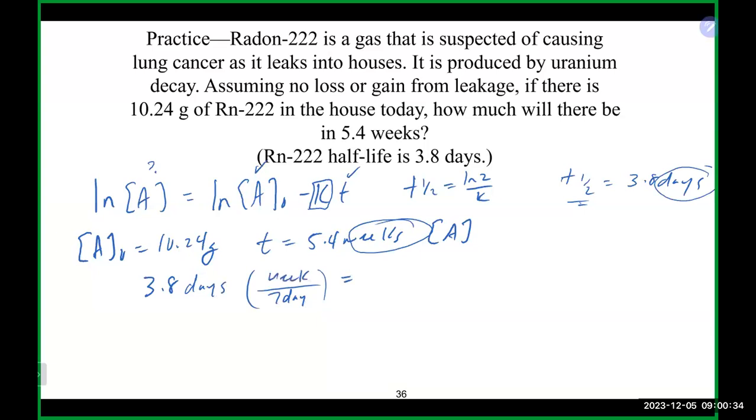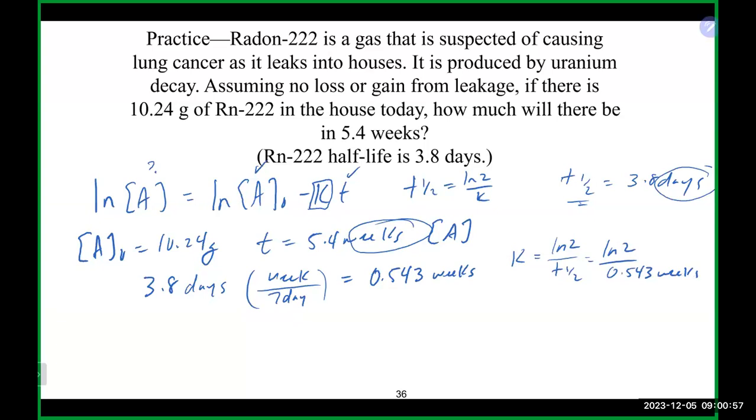That means we will have our half-life divided by 7, which is 0.543 weeks. Now that I have that, I can solve for the decay constant, which would be the natural log of 2 divided by the half-life. And that's going to be the natural log of 2 over 0.543 weeks.